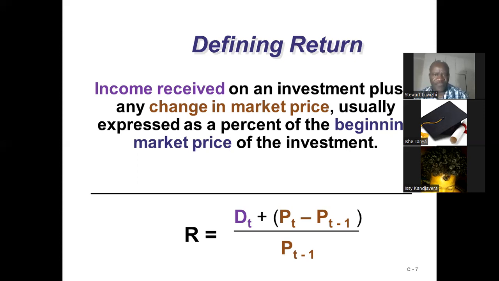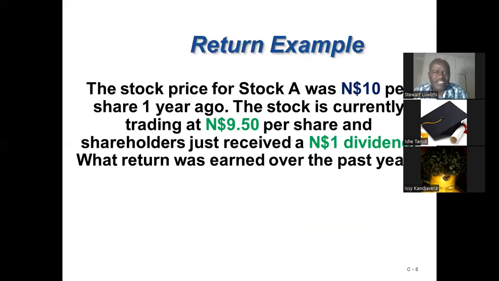All right. Now, let's move further to that example that you can see. The stock price for stock A was $10 per share 1 year ago. The stock is currently trading at $9.50 per share, and shareholders just received a $1 dividend. What return was earned over the past year? That is the question.